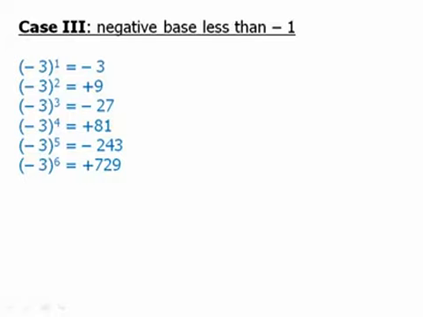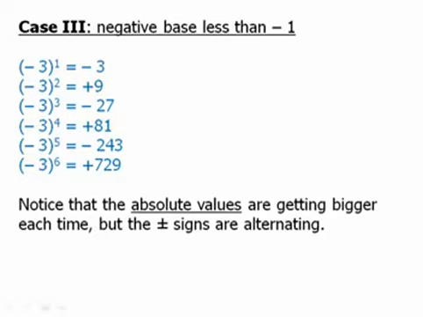So again, notice we have this alternating pattern. We saw this alternating pattern in the previous video. The absolute values of these powers are getting bigger each time, but the positive and negative signs are alternating. So this combines the idea of case 1 with continuously getting bigger.